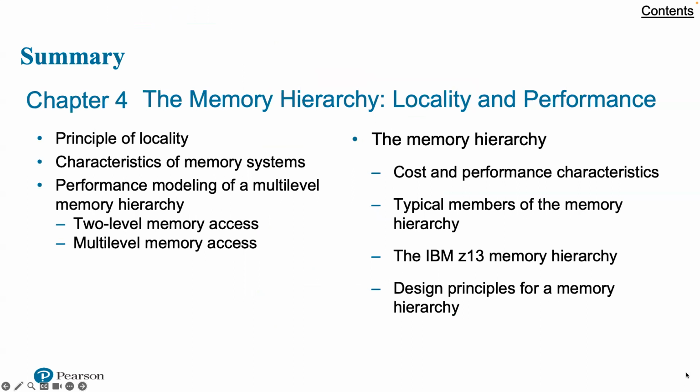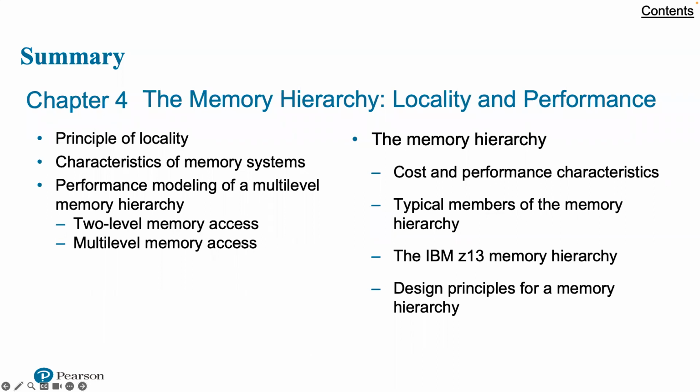All right, well, we're finishing up here. We talked about this during the introduction. We went into detail talking about the principle of locality, spatial and temporal locality, and the various ways analytical studies have shown how this typically performs with real code. We talked about the characteristics of memory systems. We talked about performance models of a multi-level memory hierarchy. We spent a fair amount of time on two-level memory access and also alluded to multiple-level access.